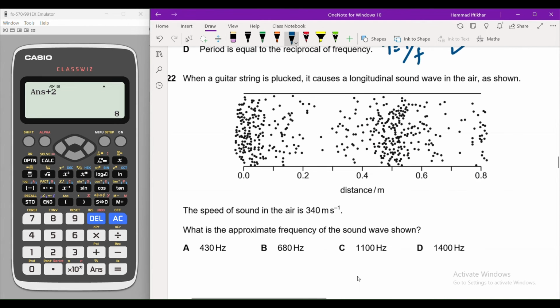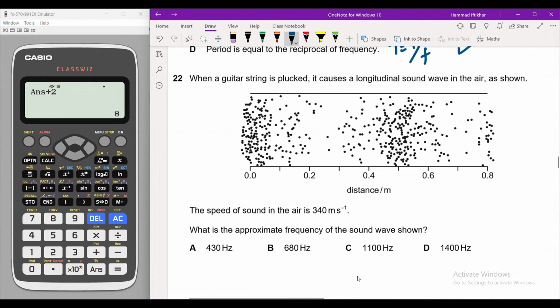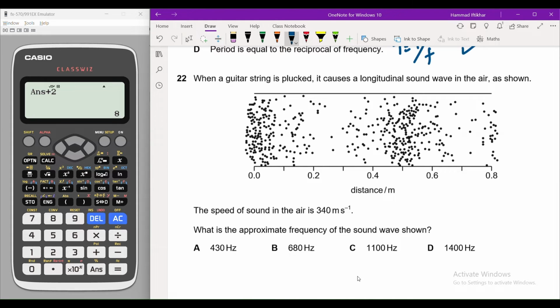When a guitar string is plucked, it causes a longitudinal sound wave in the air as shown. The speed of the sound in the air is 340 meters per second. What is the approximate frequency of the sound? Sure. So basically, to find out the frequency, we need the wavelength. Wavelength is basically from one compression to the next compression.